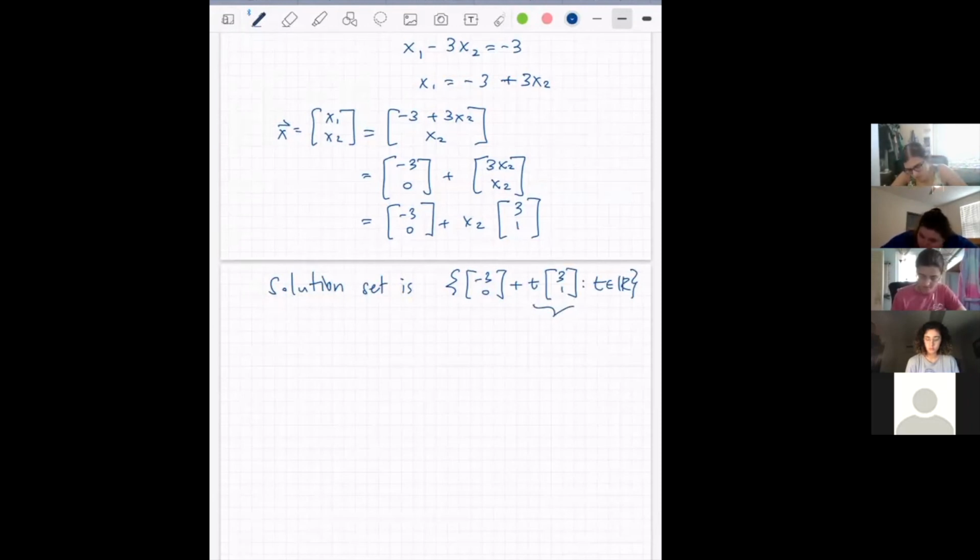So this part represents a span, like the other examples that we saw, but then it is translated. So the entire span is translated by this vector -3, 0.